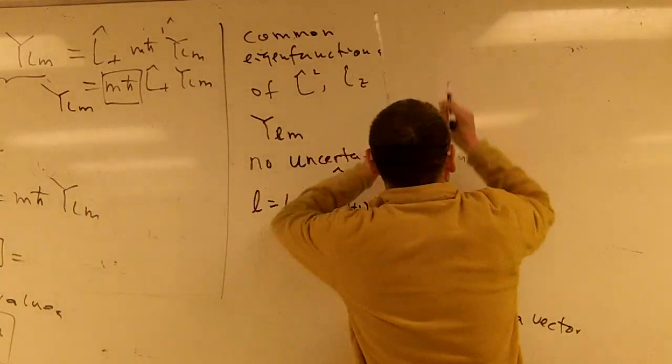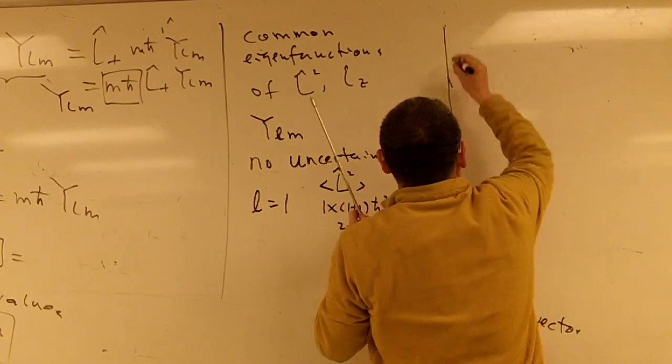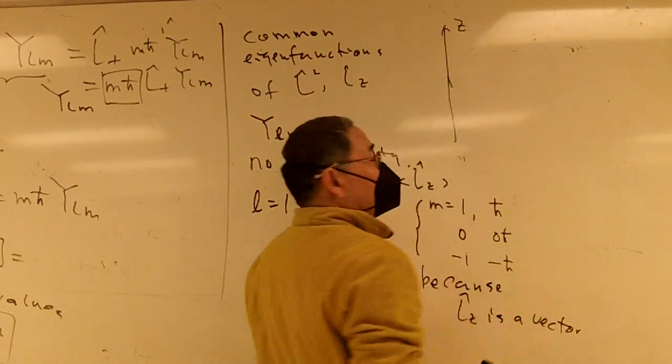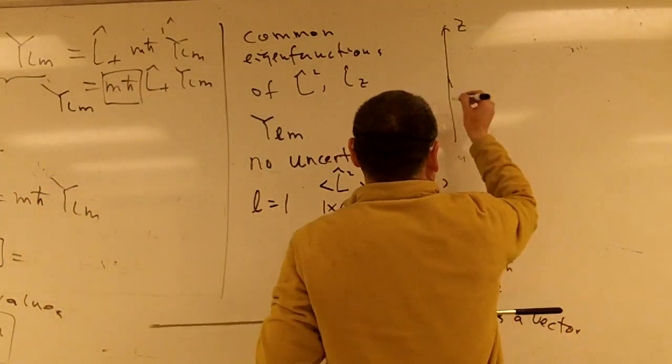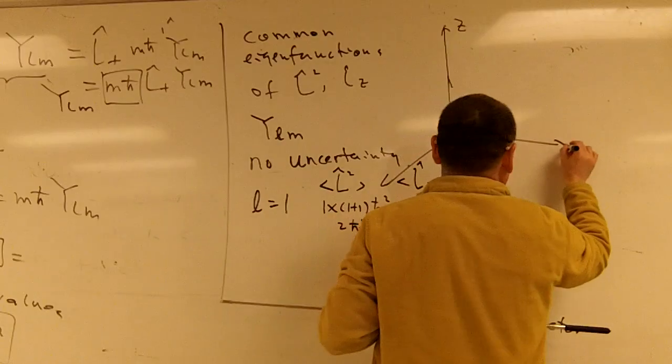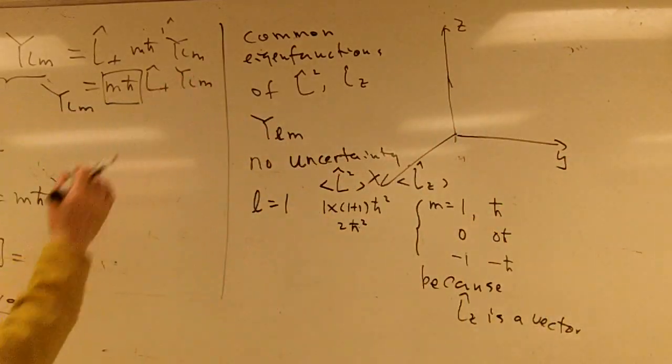For instance, suppose this is my z-axis, and then my xy could be here like this. Sorry, I overlapped this just to save space. So essentially, I could have x, y, z.